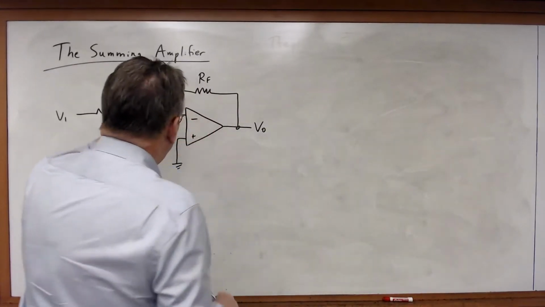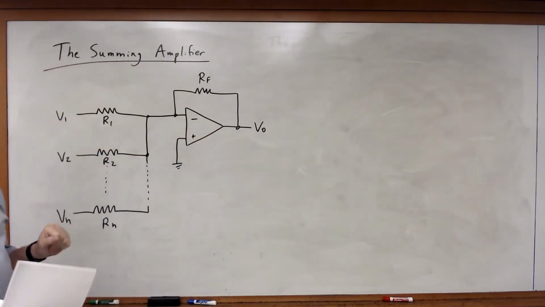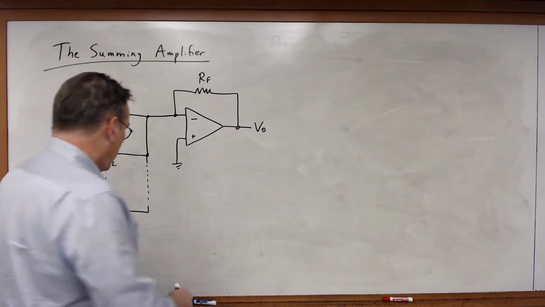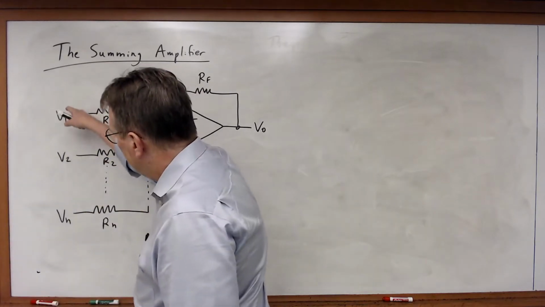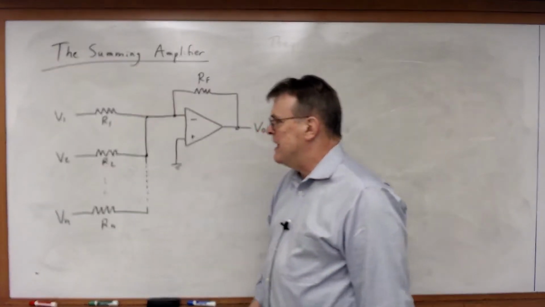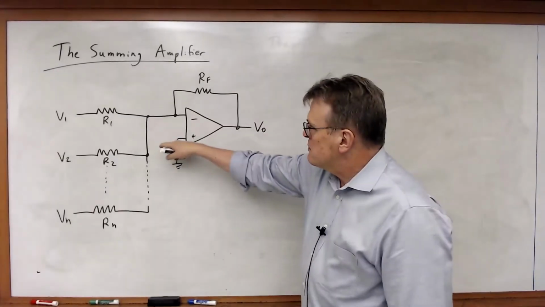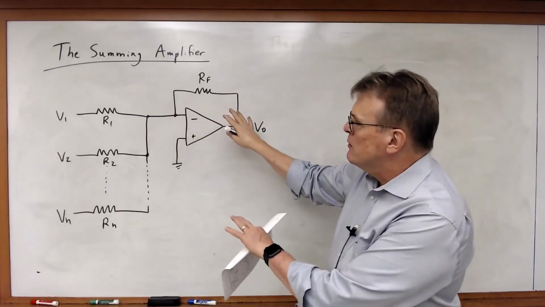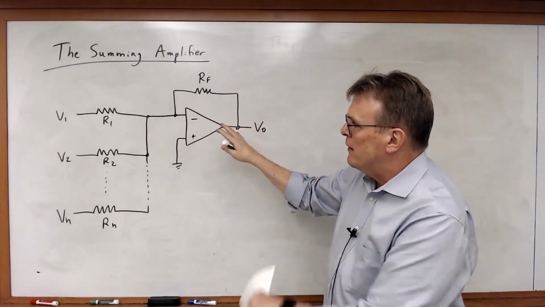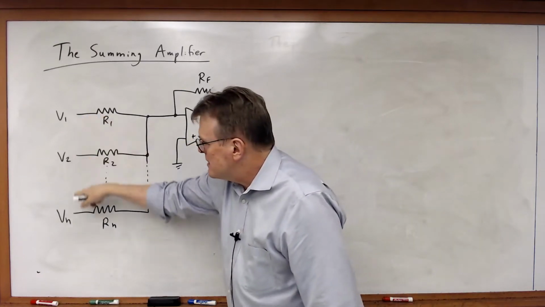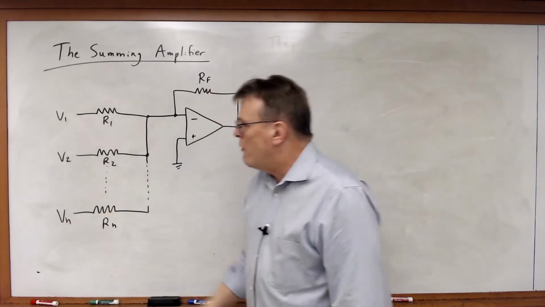I want to point out, first of all, a couple of little shortcuts here. Note, I've got V1, V2, and Vn connected to these resistors. This looks very similar to an inverting amplifier, but in this case I'm not actually bothering to draw the sources.